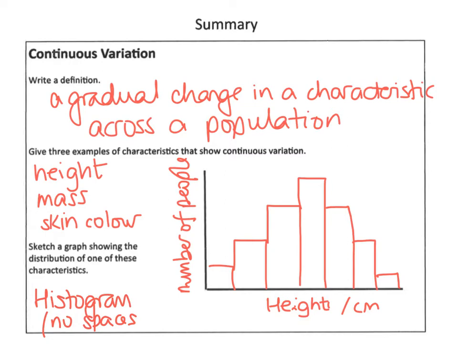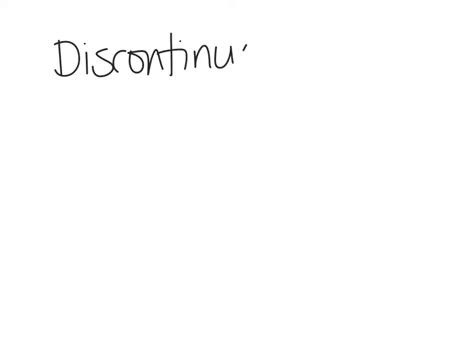Okay, now the other type of variation is the opposite. So the opposite to continuous is discontinuous. So if it's not a gradual change, in this case it's a big change. So big, a difference that's so big that we can actually put organisms into groups.